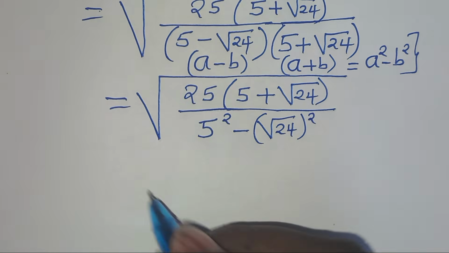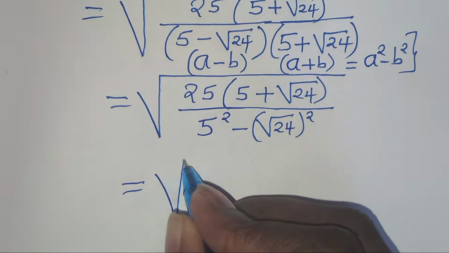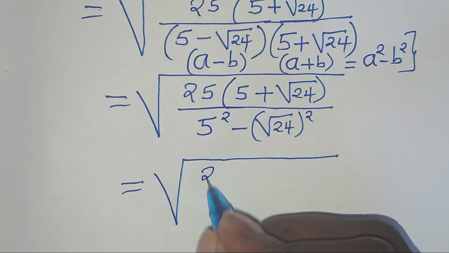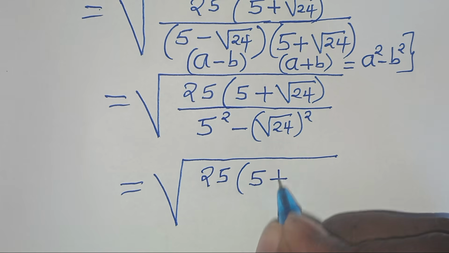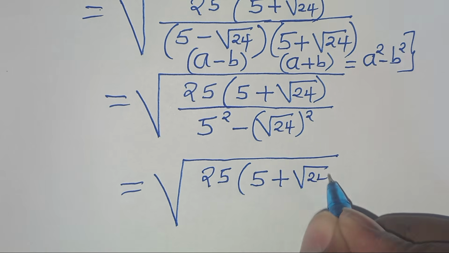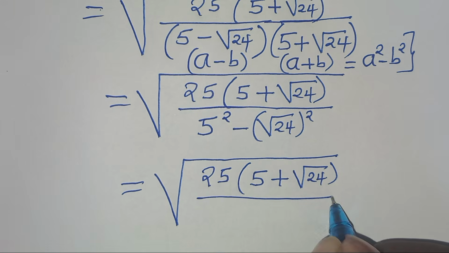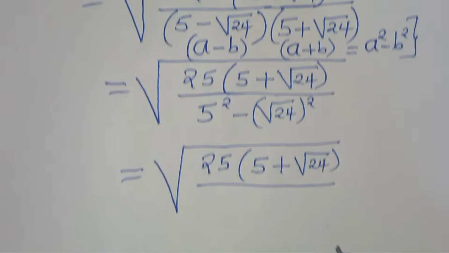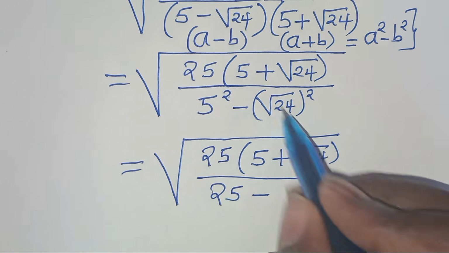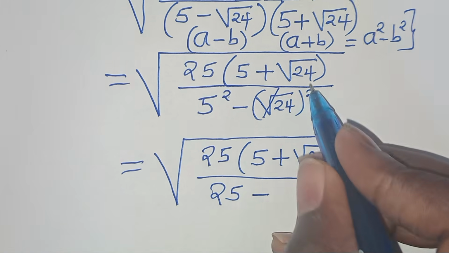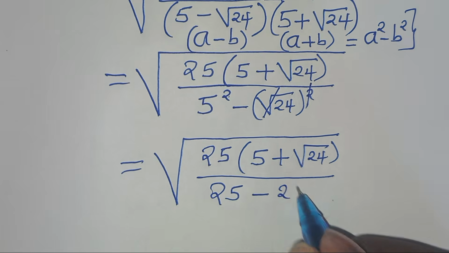The next step is that we have the square root of 25 multiplied by 5 plus root 24, then divided by 5 squared, which is equal to 25, then subtract, now let's eliminate the square root sign here, so that we have 25 minus 24.